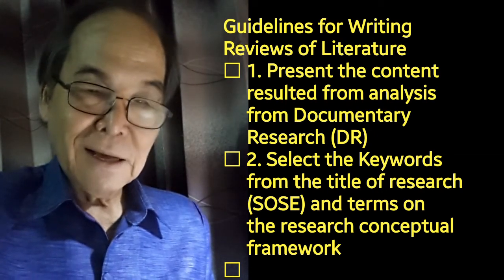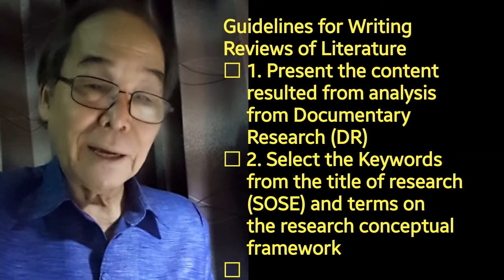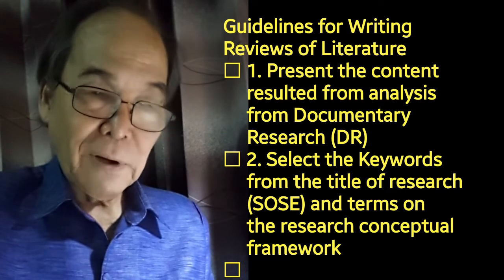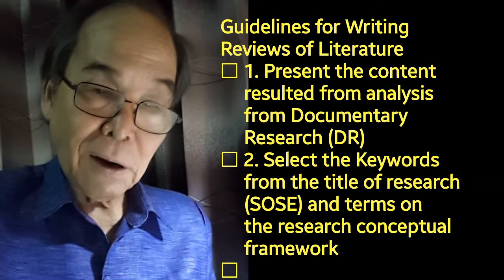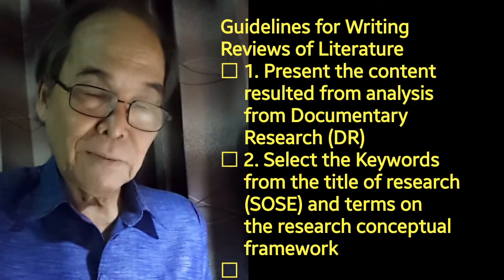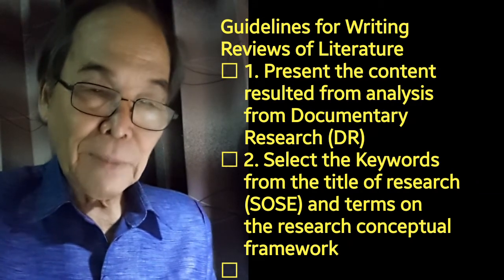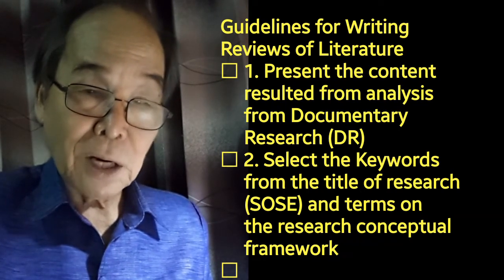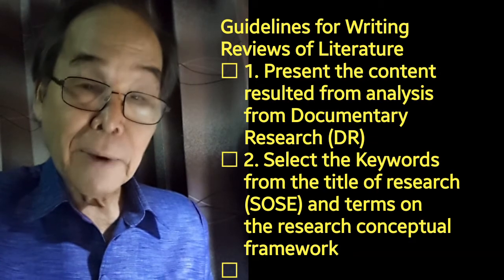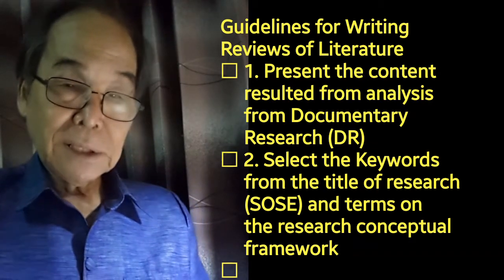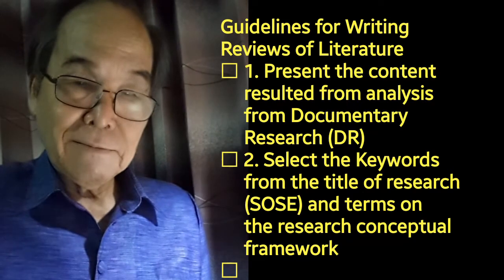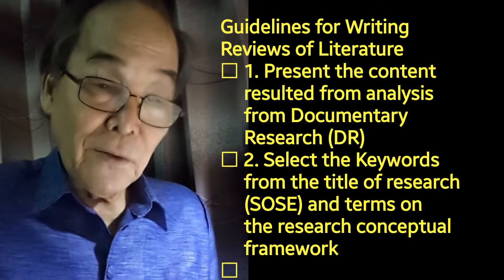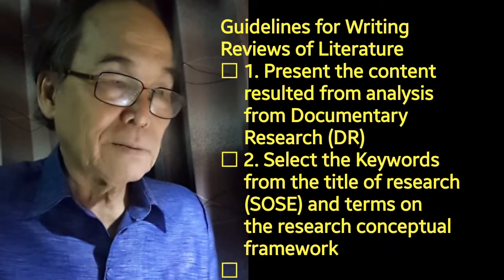These four are the main keywords that you have to study thoroughly. Now, when you write your research conceptual framework, there might be some other terms that come up, and you will need to review those words as well.